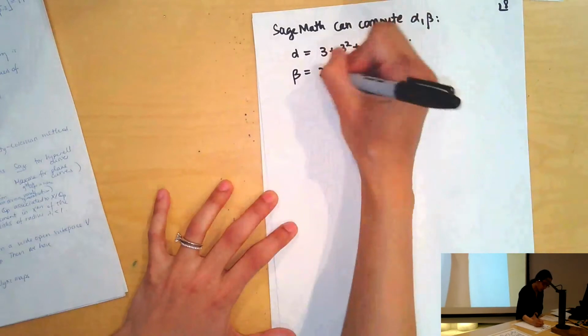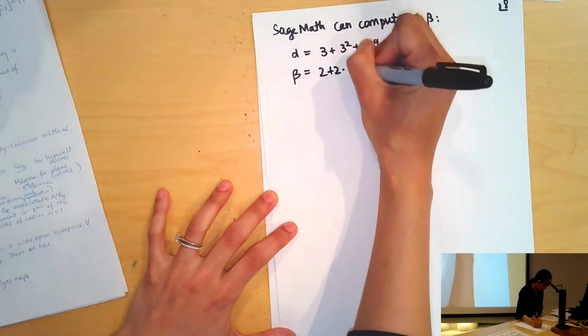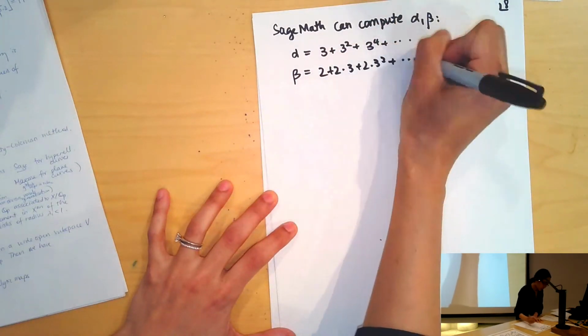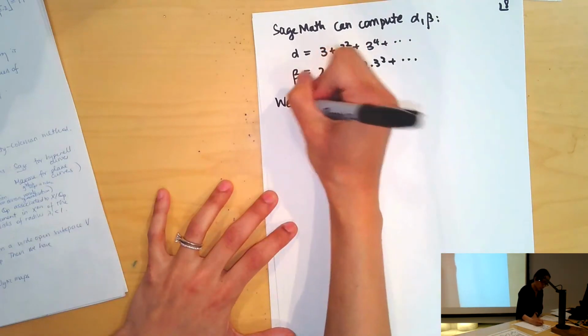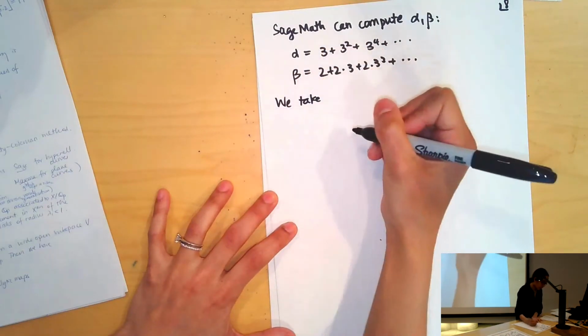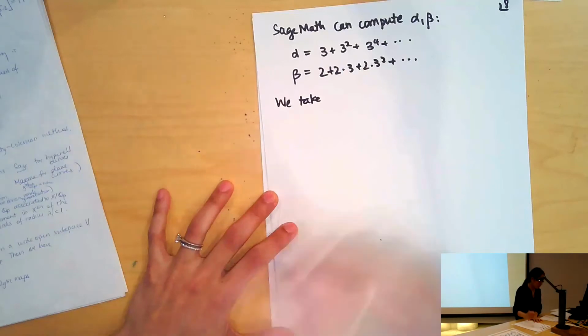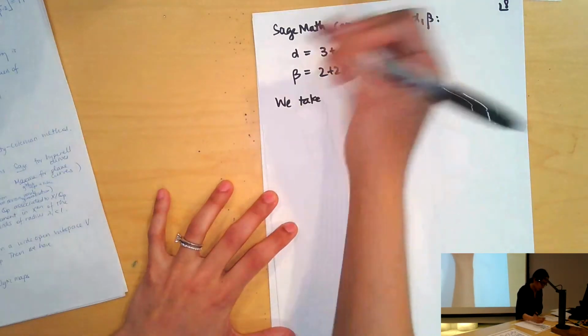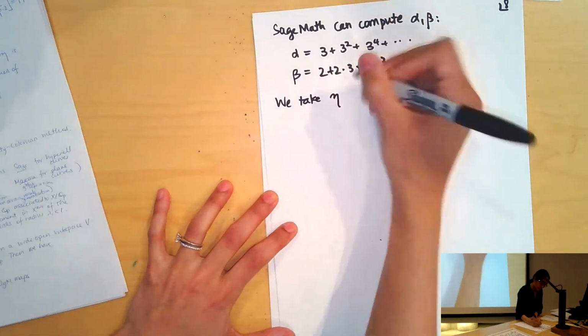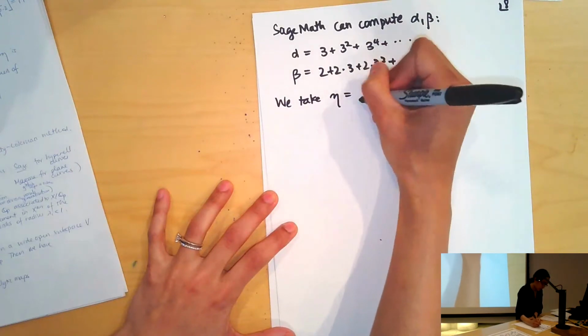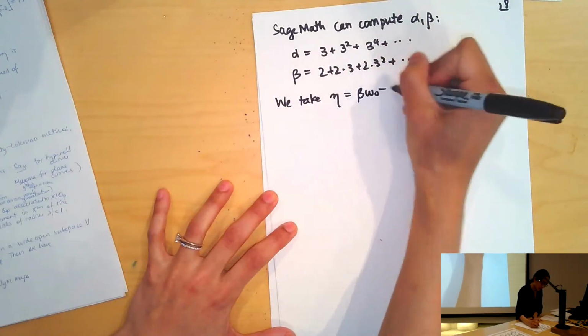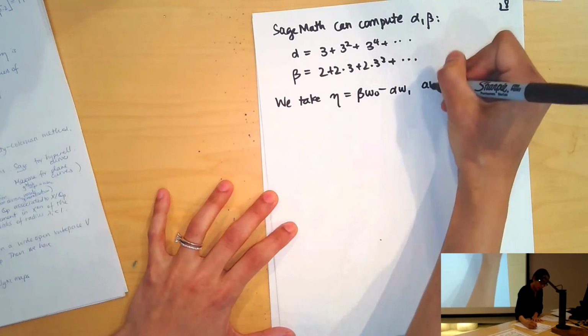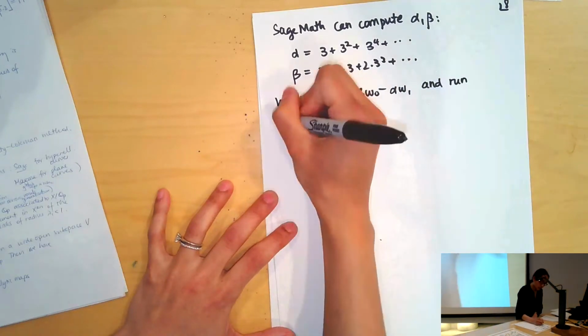And beta is 2 plus 2 times 3 plus 2 times 3 cubed, plus more things. So we have this one-dimensional space of annihilating regular one forms. We just take one of these combinations, something like beta omega naught minus alpha omega 1, and run Chabauty-Coleman.